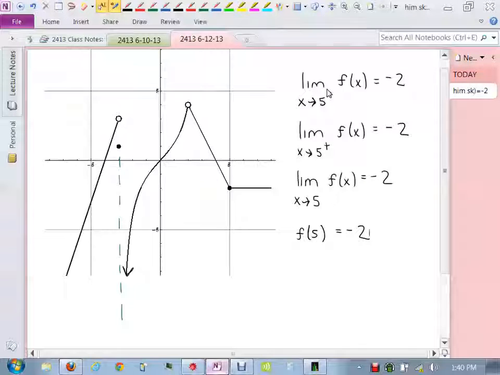Anyone know what we called those? Left-hand, right-hand limits, or they're also called single-sided limits. Anytime you have a plus or minus in the top right-hand corner, that's going to be a single-sided limit. Anytime you don't have that, it's just the limit at that point.